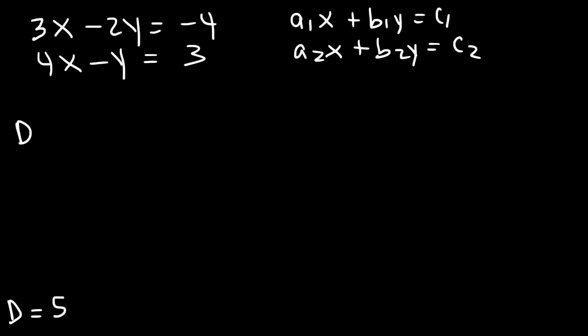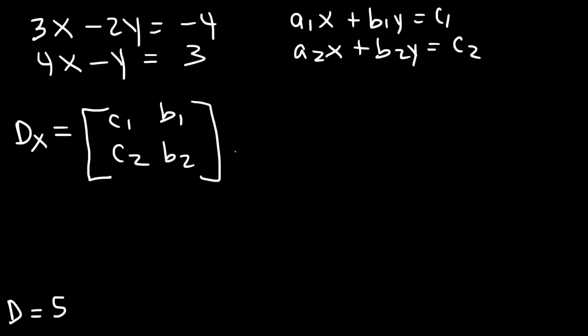Now let's go ahead and calculate dx. So we need to get rid of these coefficients. So we're not going to use a1 and a2. Let's replace a1 and a2 with c1 and c2. So it's going to be c1, c2, b1, b2. So c1 is negative 4, c2 is 3, b1 is negative 2, b2 is negative 1.